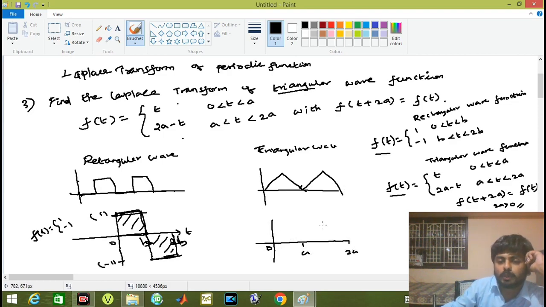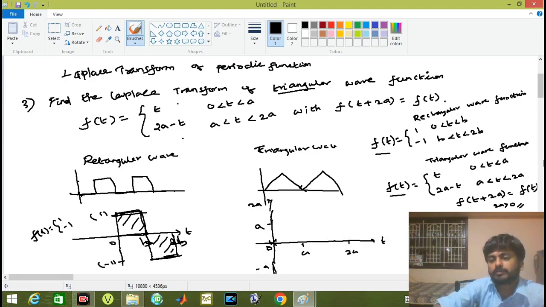If I substitute t to be 0, I will get this point. If I substitute t to a, but see, you have to look into this. These values are for t, and this is a, and this is 2a. Here minus a. In the bottom you will have minus 2a.